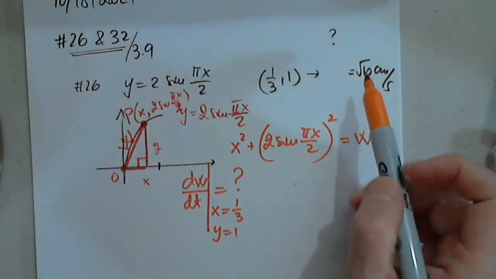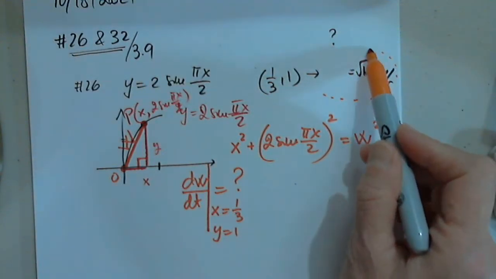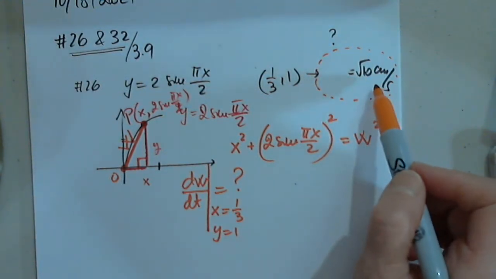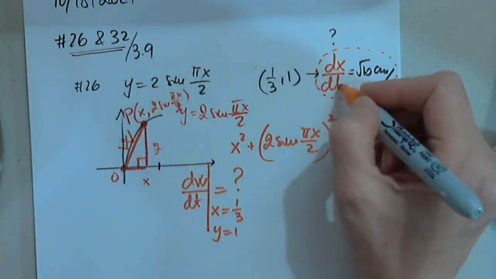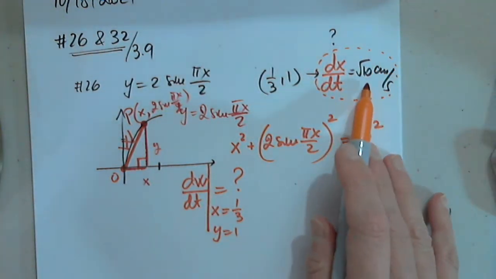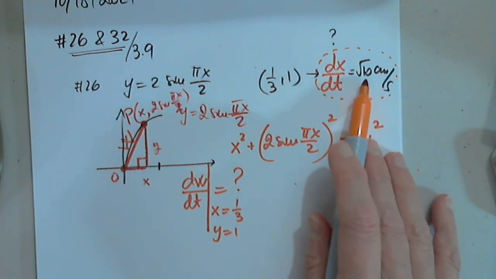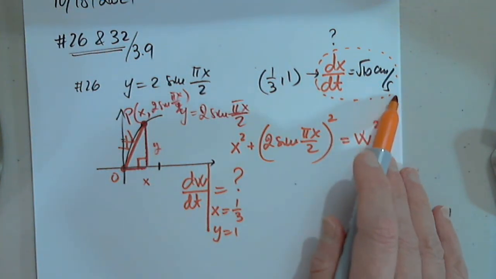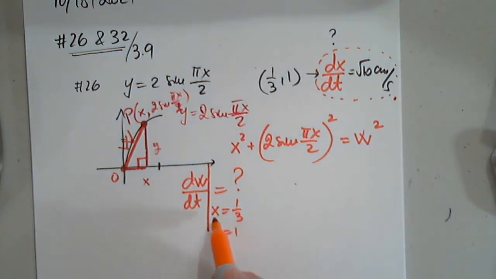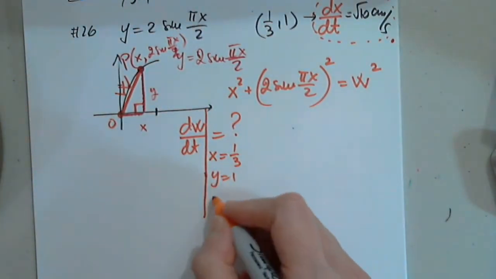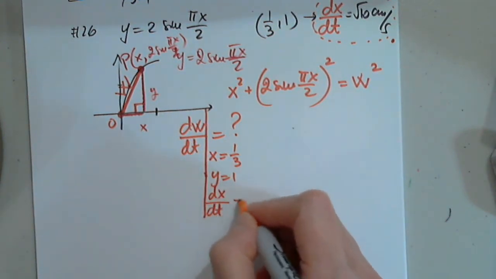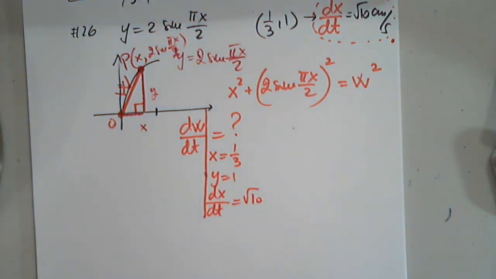Now, also I have to identify what this is here. What does it mean? It says when the x coordinate, dx over dt, changes with the square root of 10 centimeters per second. So this is at the same instant when x is 1/3, when y is 1, we don't need to do this, but I'm just emphasizing, and when dx over dt equals the square root of 10.